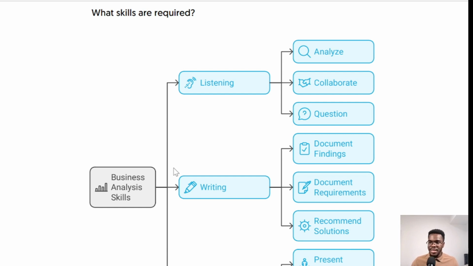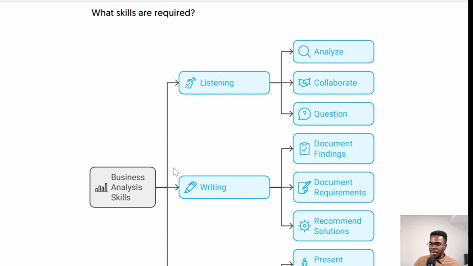Writing skills as a business analyst. And when I say writing, I do not necessarily mean literally writing. You don't have to use your hand to write. Think of the scenario I gave before, where you walk into a restaurant. Most times, waiters usually have a little notepad that they hold just to write something so they don't forget. Like I said, so is your job as a business analyst.